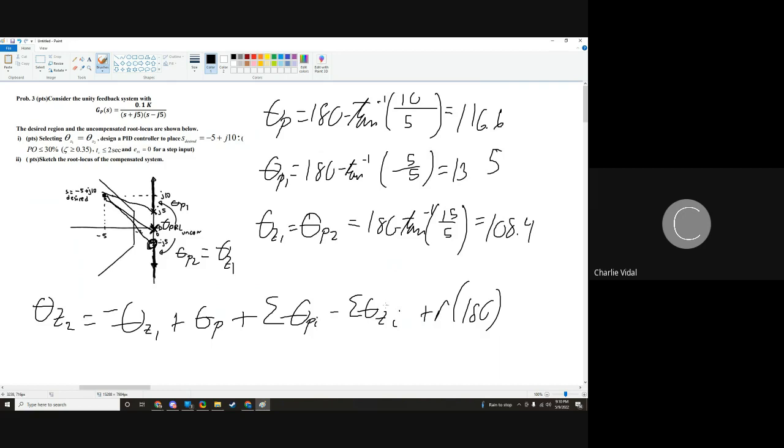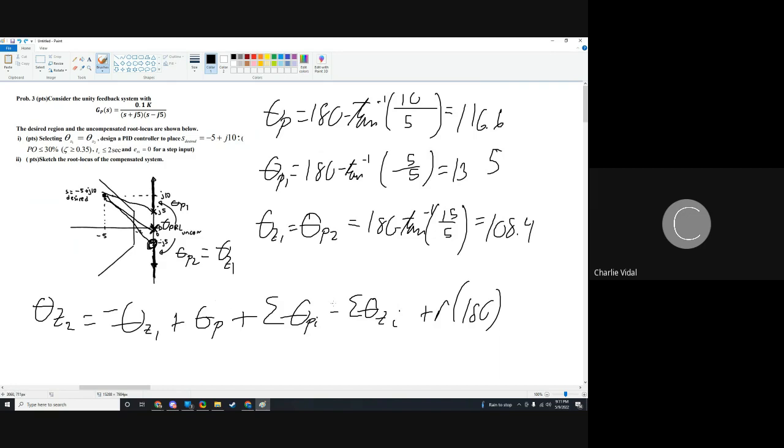Right, so you can see right over here that this is the sum of all theta z's. And that might get a little bit confusing because over here is theta z1. You could kind of include that in this theta z because it's going to be negative either way. Or you could just label this as A over here, or you could just leave it as theta z1, and that's completely fine too.